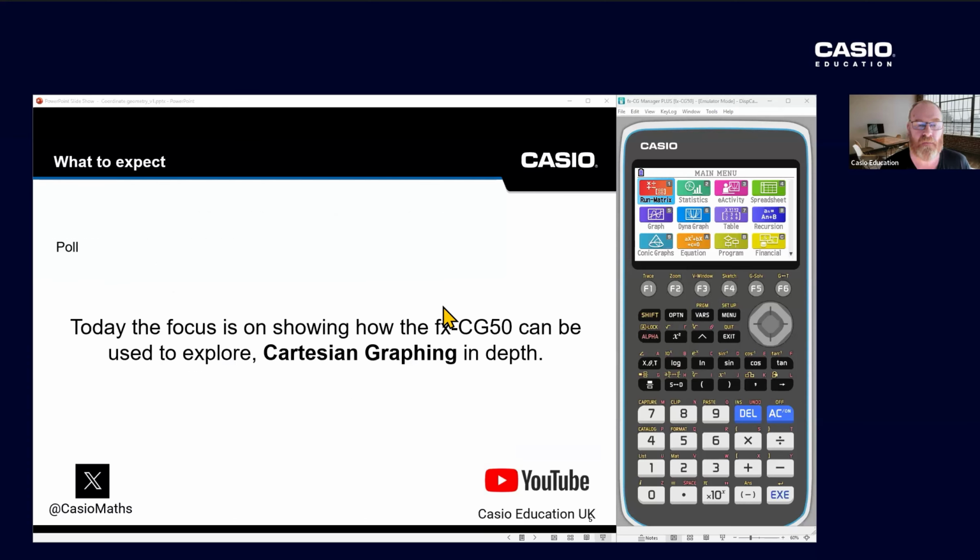Today, what we're going to do is look at Cartesian graphing, but if I could just ask you to begin with, can you have a look at the poll and enter your experience with using the CG50, whether you're a complete novice, or you use it regularly and you're just here to see how you could improve the use, or whether you regard yourself as an expert.